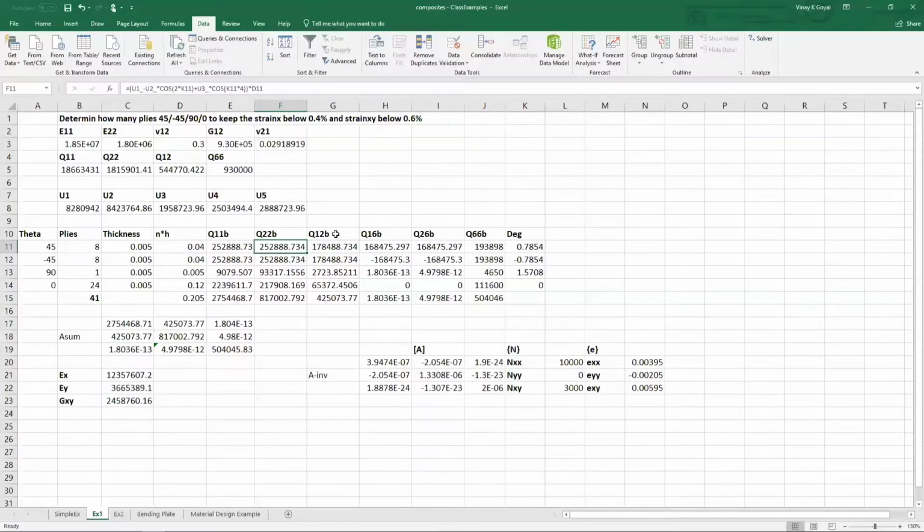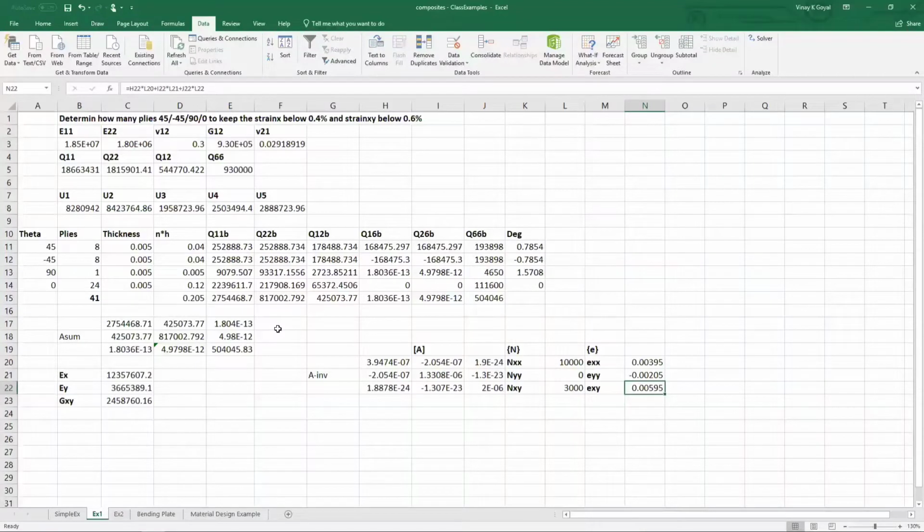And here is the contribution of each of these plies and the thickness to the Q11 bar and so forth. The idea here is we want to find how many plies I really need at a minimum to keep these strains to be less than 0.6% here and less than 0.4% there on the shear strain, as provided in the problem statement.